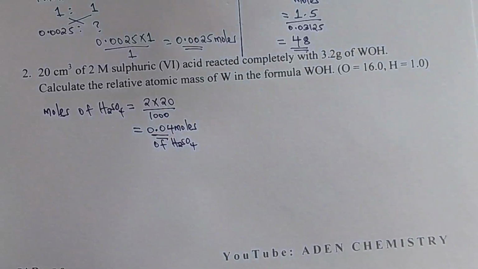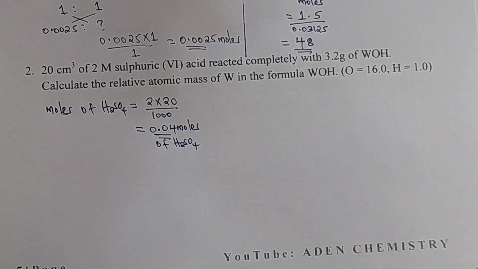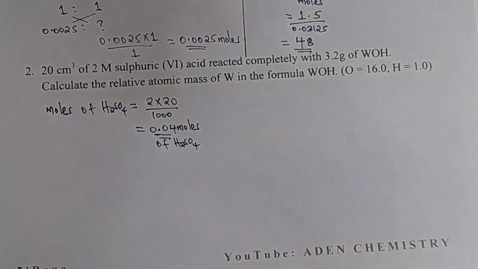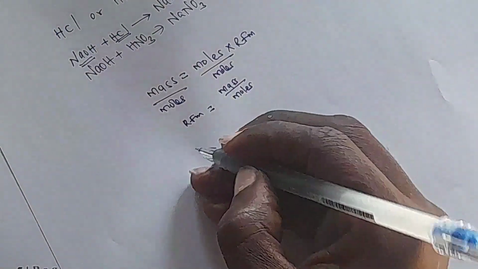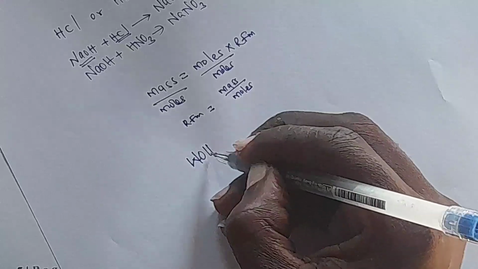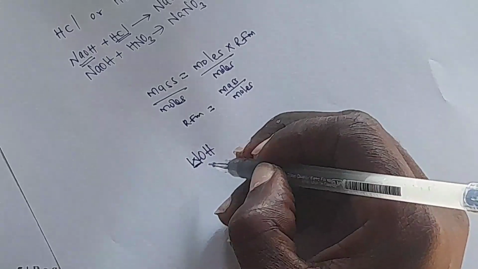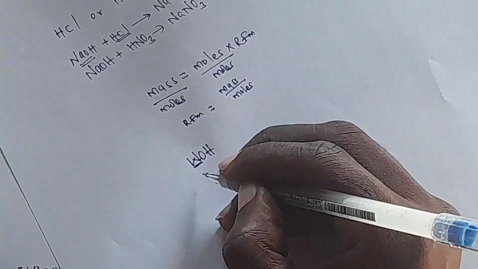So next, we have to look at the reaction between the W hydroxide and sulfuric acid. Learners, what you can do is take this W hydroxide, see it has a valence of 1, and replace it with sodium hydroxide.